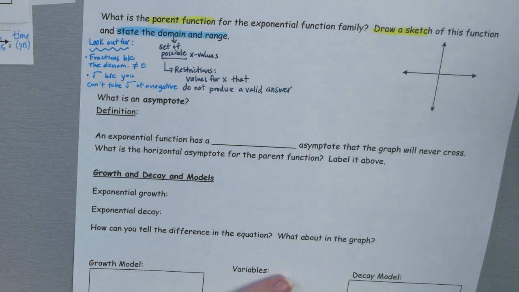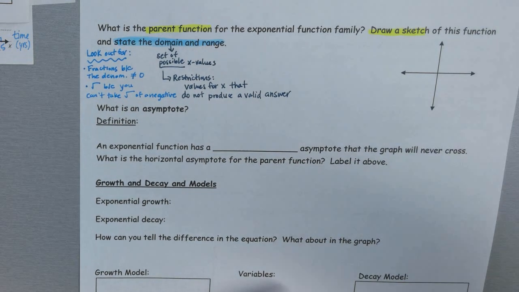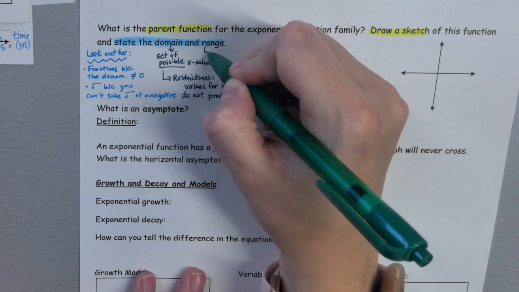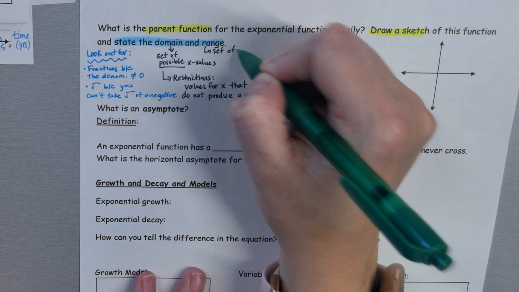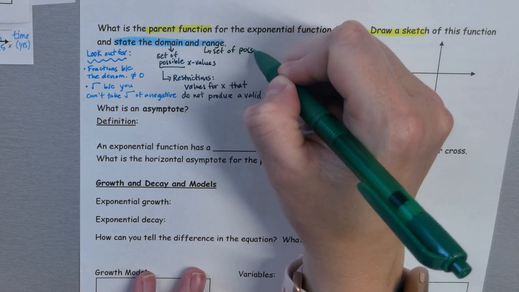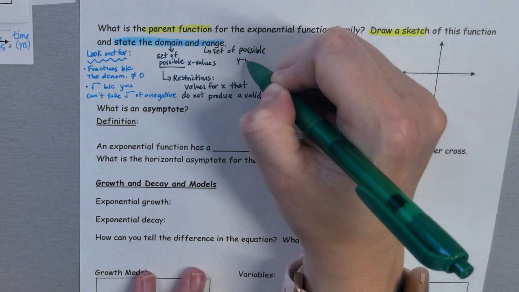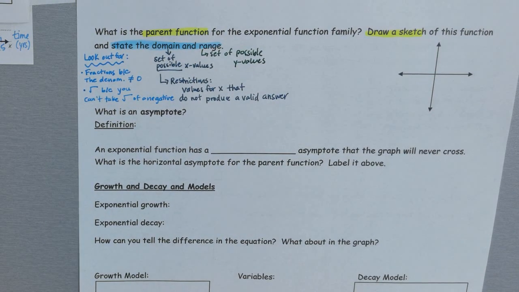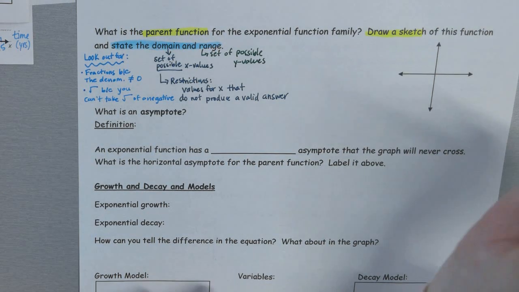All right, and then we know that the range is the set of possible y values. Okay, and the set of possible y values, the simplest way to find that is to look at the graph.